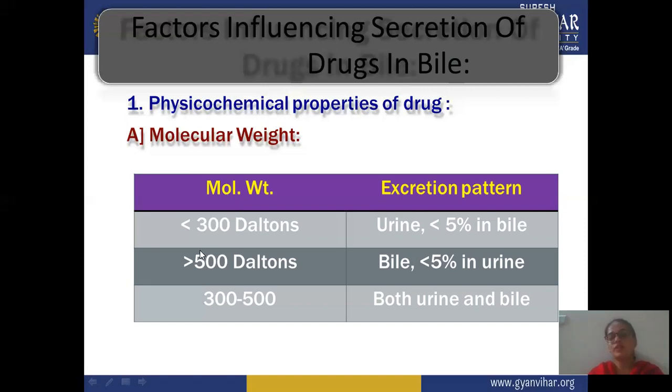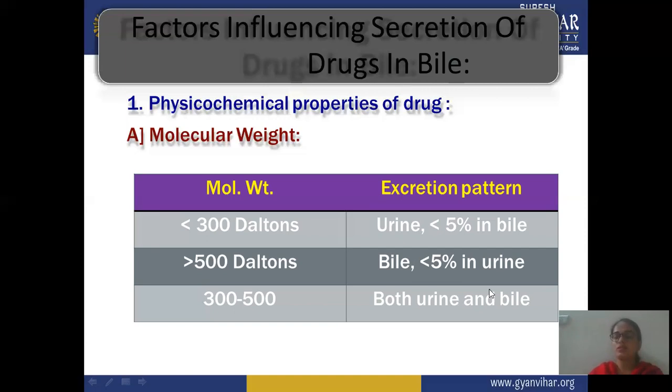If molecular weight is more than 500 Dalton, in this condition excretion in bile is possible in large amount, just opposite to the less than 300 Dalton condition, and in urine it may also be excreted, approximately less than 5%. It means it is just opposite.